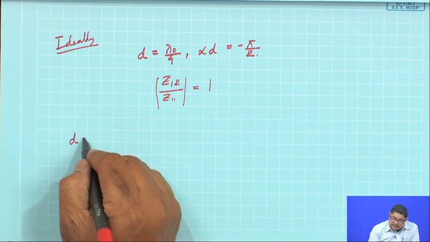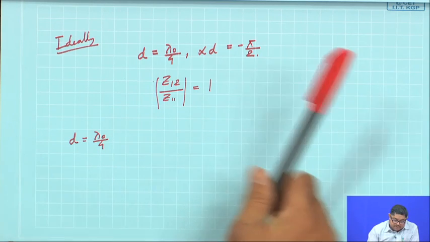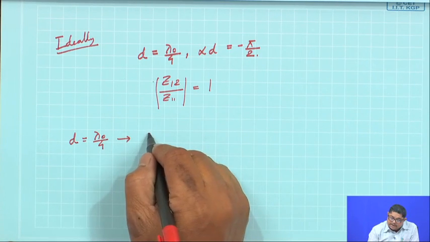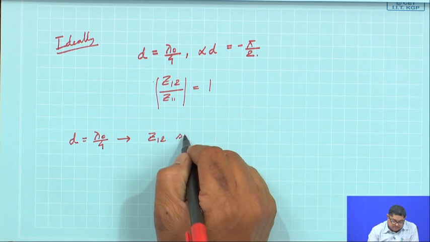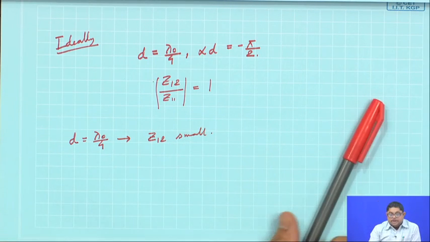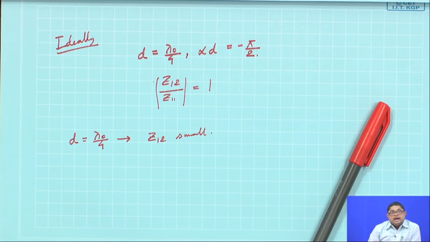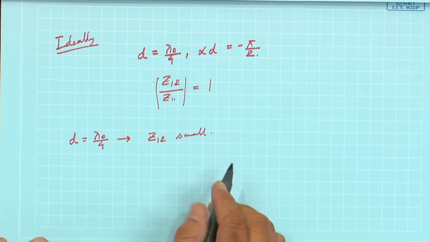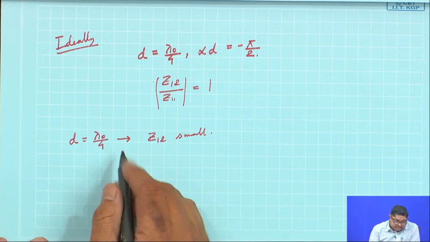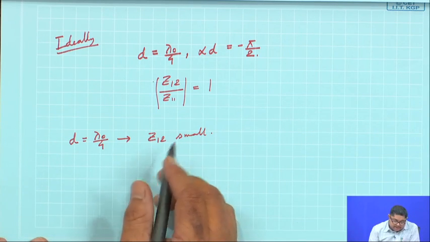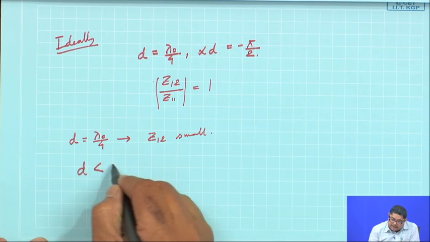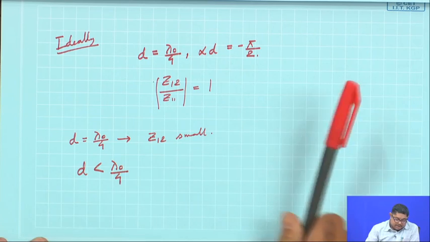Now, if we take D equal to lambda naught by 4, Z12 becomes small, and if Z12 is small, that means the current in the parasitic radiator is quite small, so generally D is taken a bit smaller than lambda naught by 4.